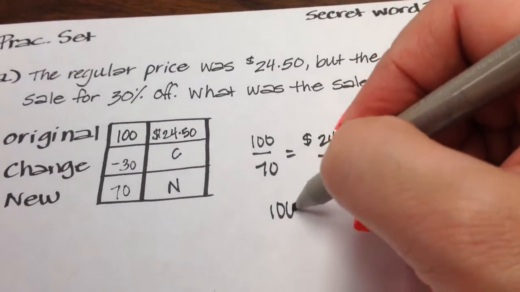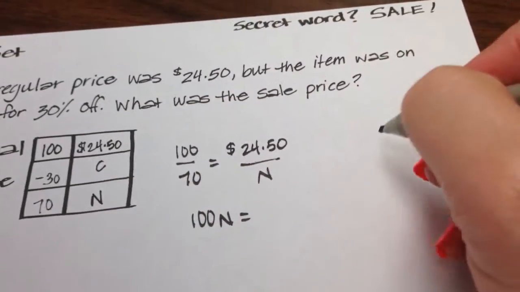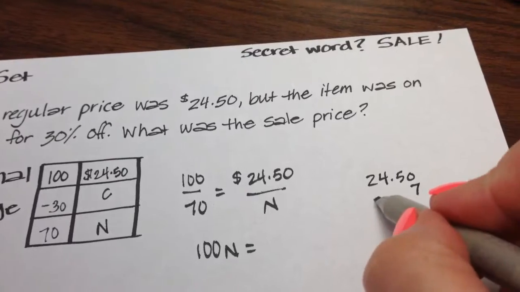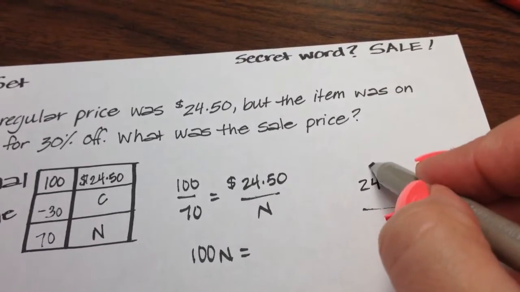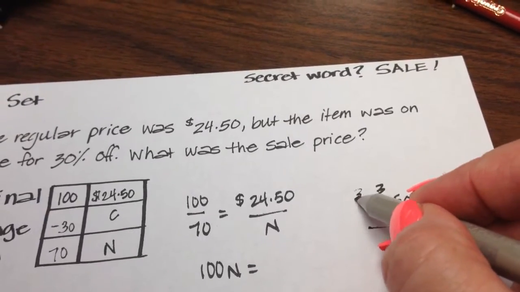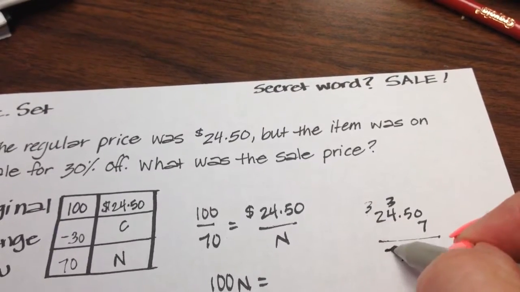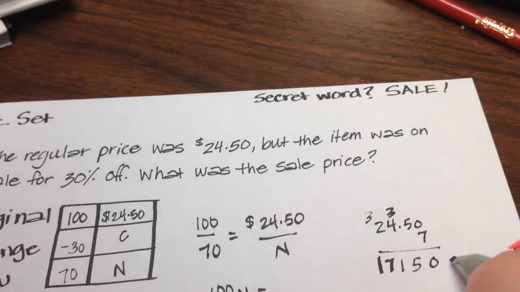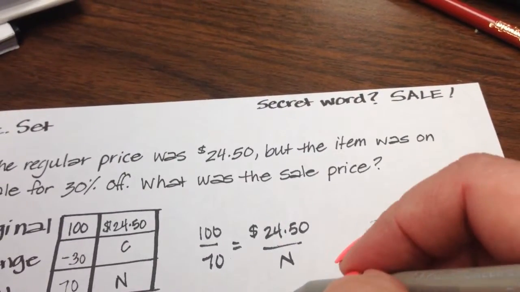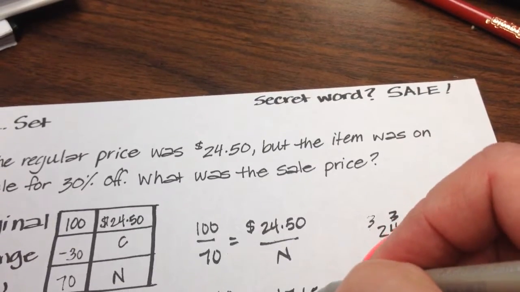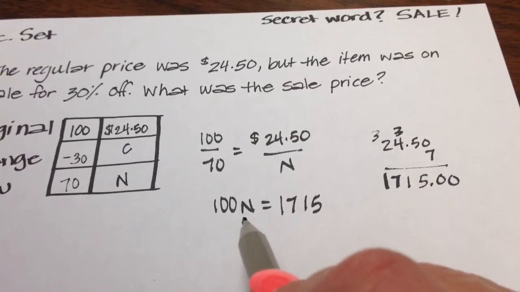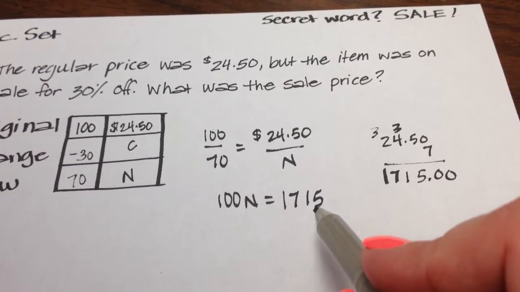So I'm just going to do 100 is to 70 as $24.50 is to the new price. So I'm going to get 100N equals, well here, let's just do 24.50 times 7, and then I'll add that 0 later. So 0, 35, carry the 3, 28, 29, 30, 31, carry the 3, 14, 15, 16, 17. And I'm going to add that 0. So before I divide it, 100N equals 1,715.